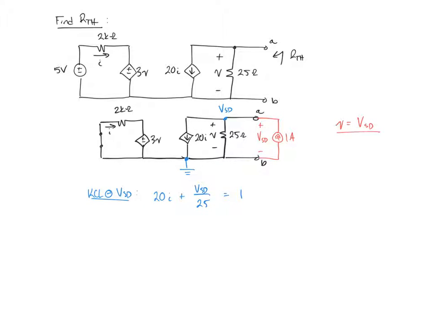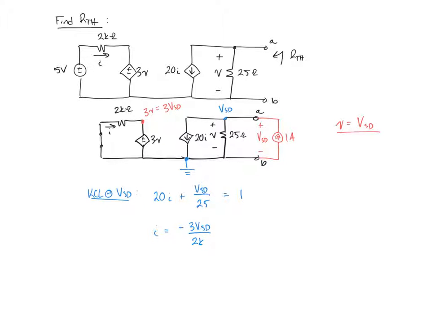We have a dependent variable I in the problem, so we need a constraint equation. I, in terms of nodal voltages, would be 0 minus the nodal voltage at this point, which is 3 times V, which equals 3 VSD. So I equals negative 3 VSD over 2K.